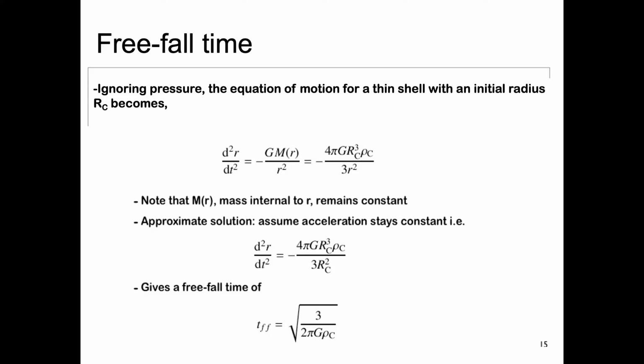You still have accretion from the cloud onto the core, which is really important, but for the moment, let's forget about all these complications. So we approximate this equation of motion, assuming that the acceleration is constant. So you have your acceleration here given by a constant term, where you put the radius of your cloud. If it is constant, it doesn't matter where you are. And so just doing that, you basically arrive at the free fall time.